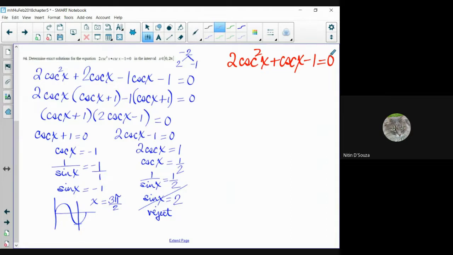So cosecant x will be negative b, b is positive 1, negative b, plus or minus the square root of b squared minus 4ac, all over 2a.